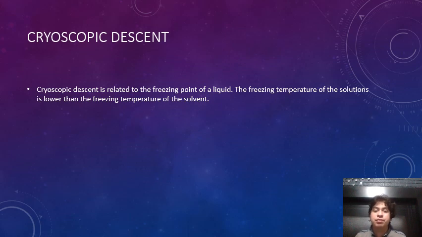The freezing temperature of the solution is lower than the freezing temperature of the pure solvent, and we can see that in tables, in pictures. Fusion occurs when the vapor pressure of the liquid equals the vapor pressure of the solid, called Tc. The cryoscopic decrease and m, the molar concentration of the solution.